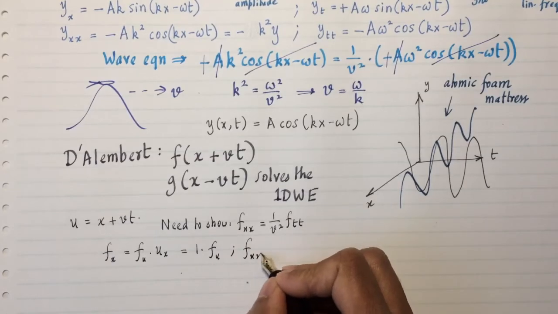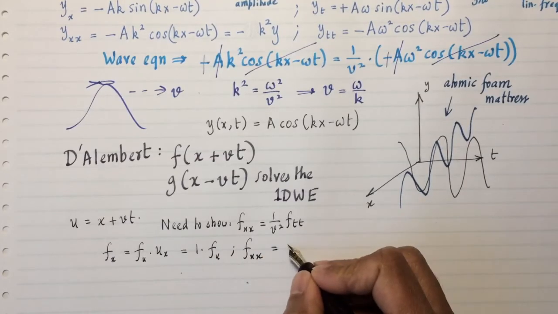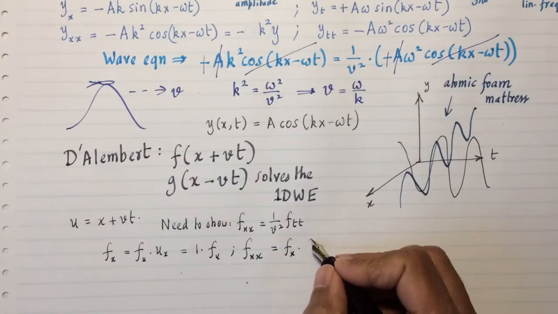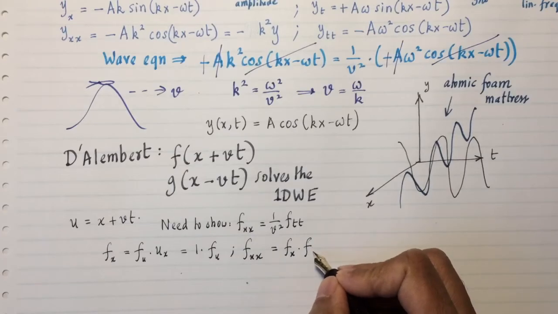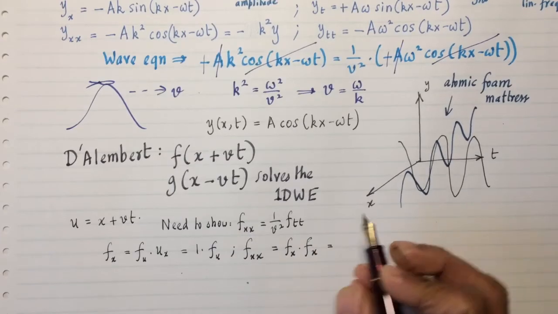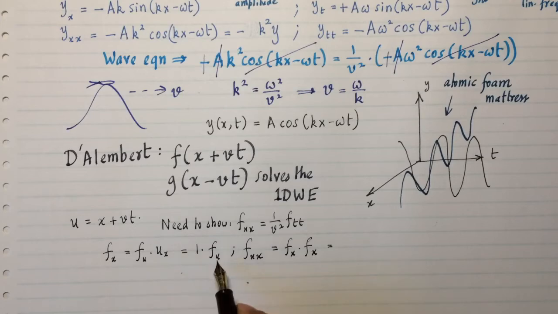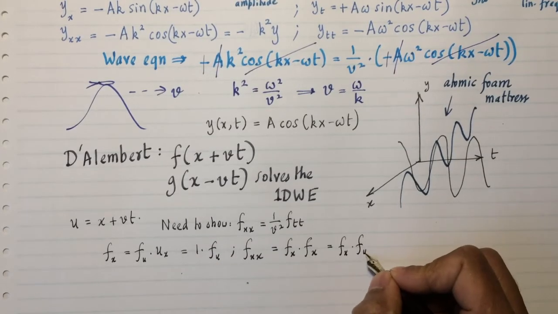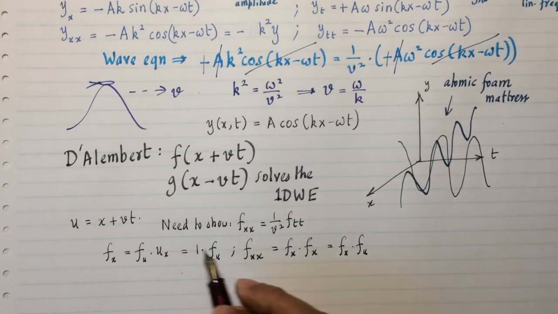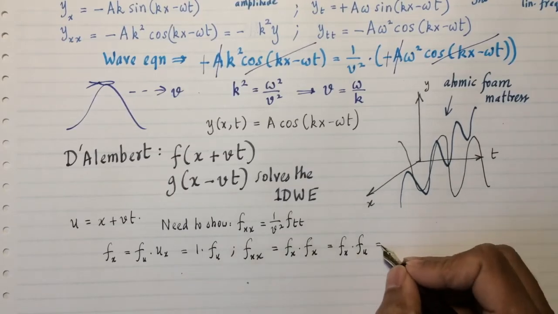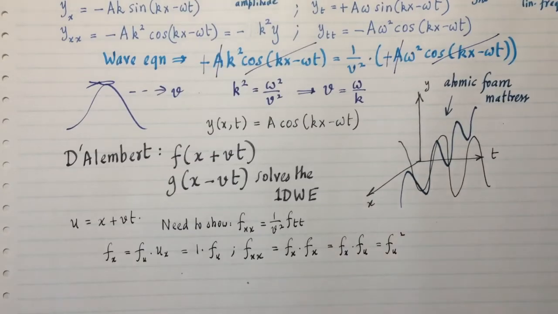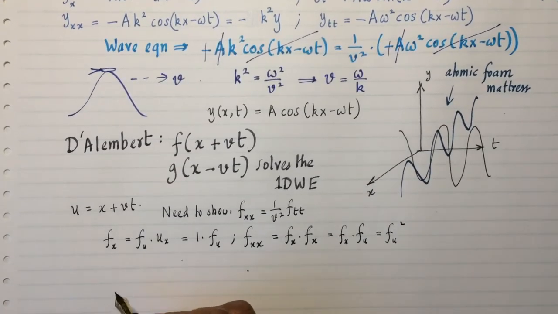Similarly, f_xx is going to be f_x of f_x. We already know that f_x is f sub u. So each time you have f_x, you have f sub u. So that's just giving me f sub u squared. Okay, that was easy.